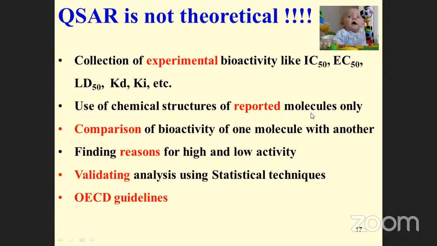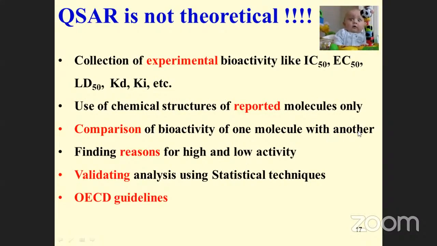So IC50, EC50, LD50 or KD, all these are experimentally determined for a molecule. So we are beginning with data, and the data is realistic. The molecules which we are going to use as a starting material for our analysis, called congeneric molecules, have been synthesized. Whatever molecules we are using, they are reported.